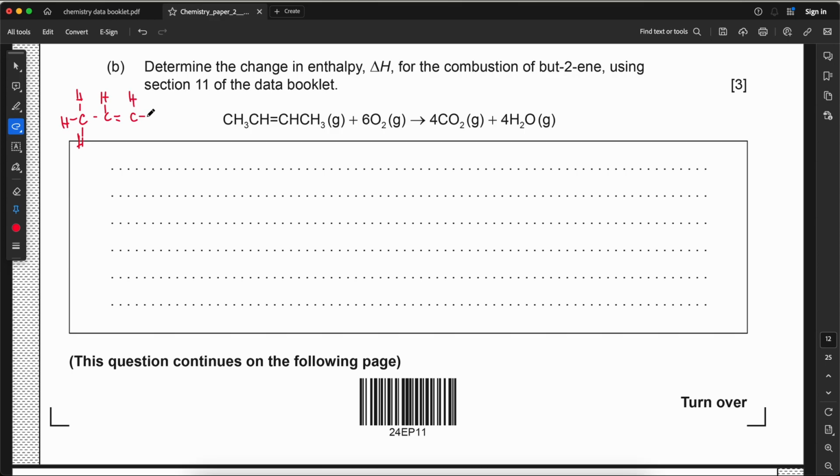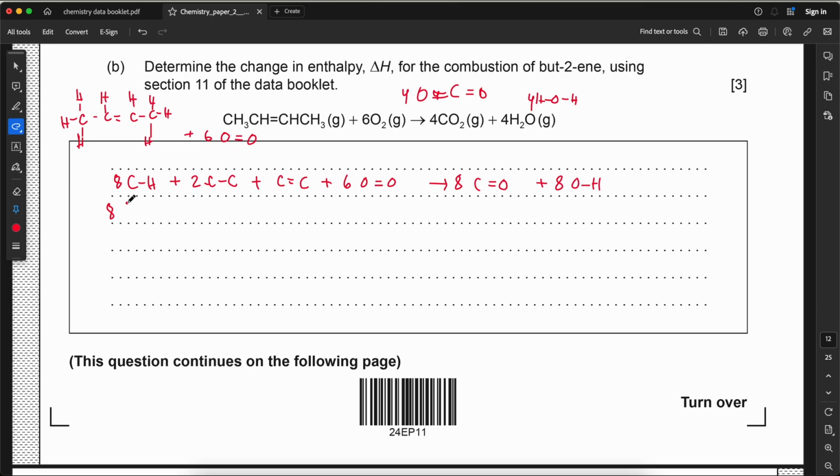C, H, C, H, H, and H plus 6O2 gives 4 C double bond O. So we got O here and then 4 OH and then H. So that would be 8 CH plus 2 C-C and then C double bond C plus 6 O double bond O. This is 2 times 4, 8 C double bond O, times OH2, so 8 OH.